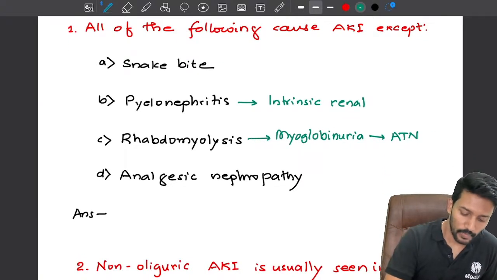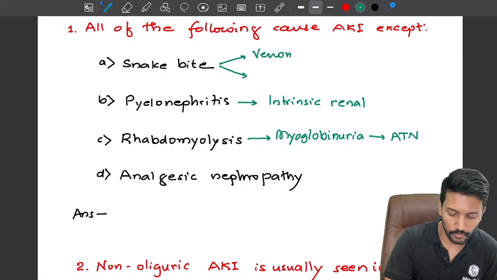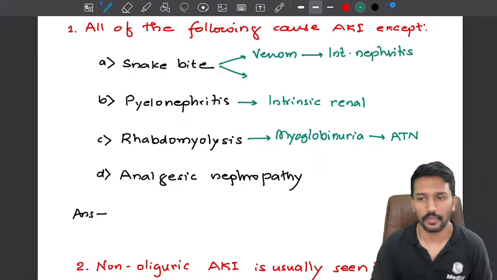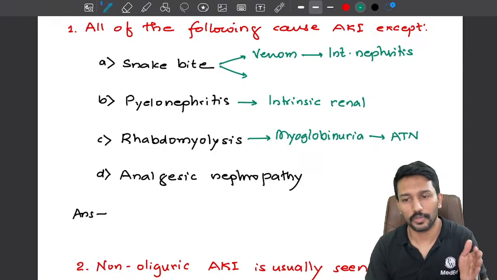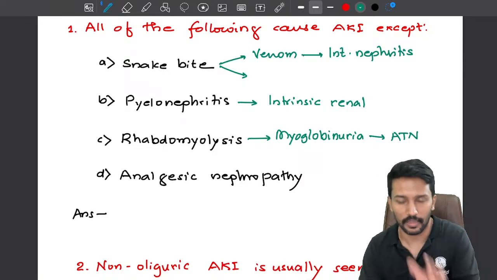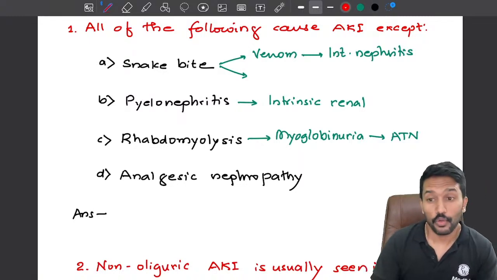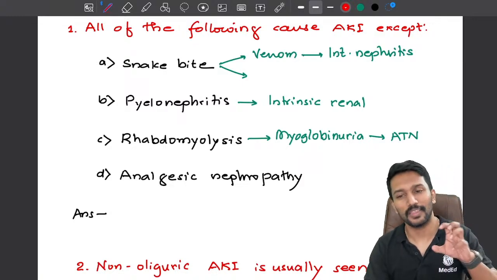Now snake bite can cause acute kidney injury in two ways, right? One, the venom can cause interstitial nephritis, which is not pre-renal. Interstitial nephritis is a type of intrinsic renal AKI, right? Second, there are myotoxic snake bites which cause compartment syndrome and muscle damage, right?